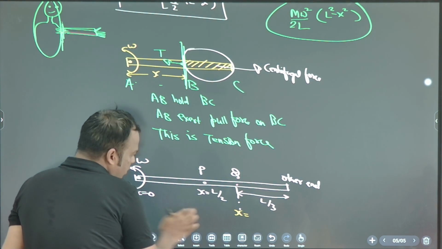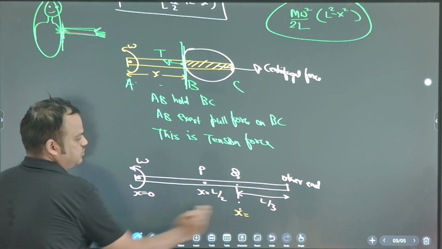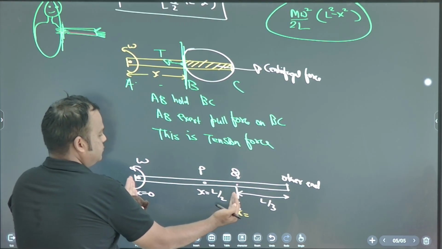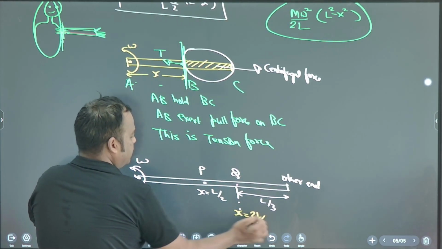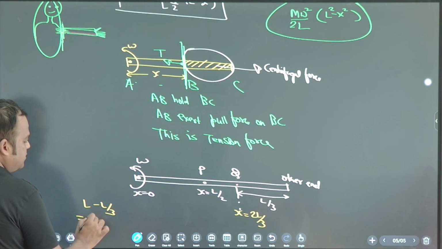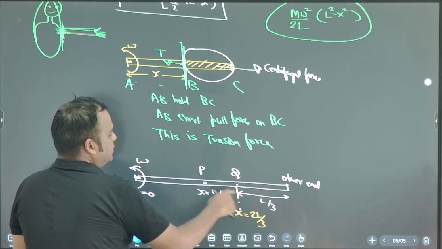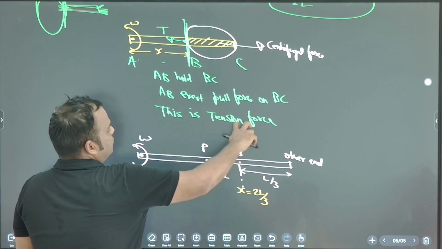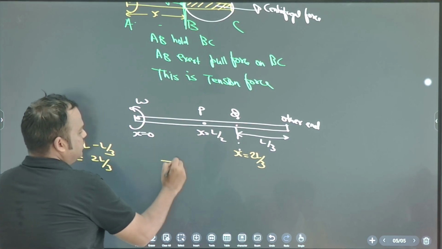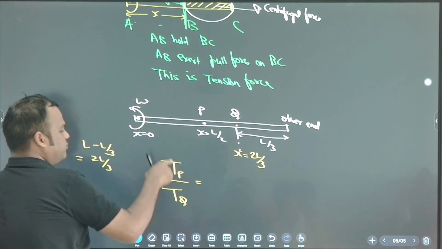How much do you have to walk to get Q? This is L by 3, so this is 2L by 3. Correct. L minus L by 3 means 2L by 3. So the x value is 2L by 3. What is the ratio of tension at P and Q? Find the tension at P and the tension at Q, and find the ratio.